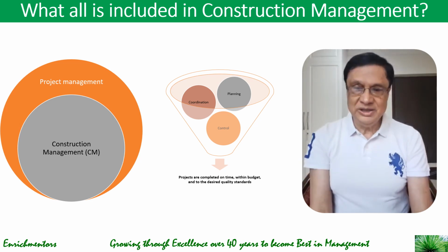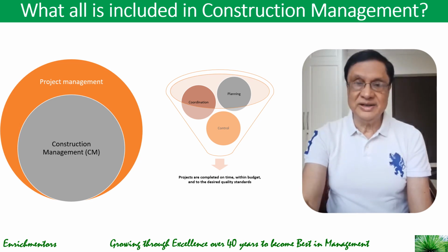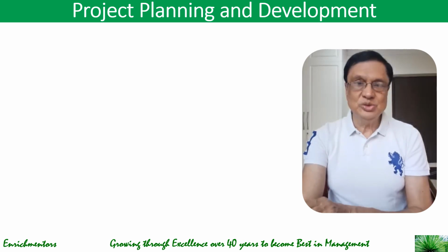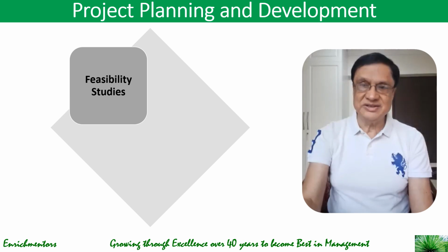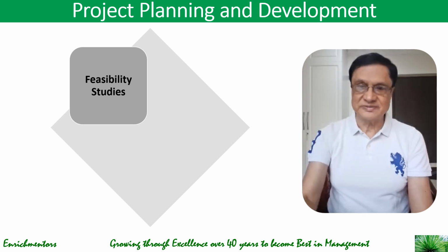Now, what are typically included in construction management? Let us take a look as we go forward in this lecture. So, the first thing included in construction management is project planning and development. And there are four things that you need to consider there. One is to do the feasibility studies, where you assess the viability of the project, including financial, environmental, and logistical aspects.